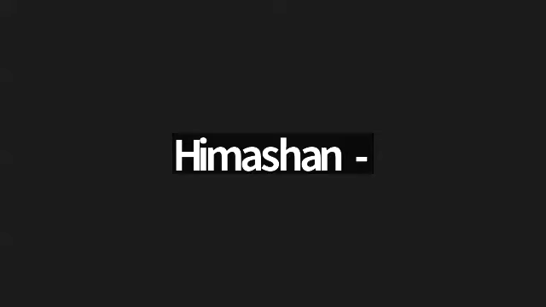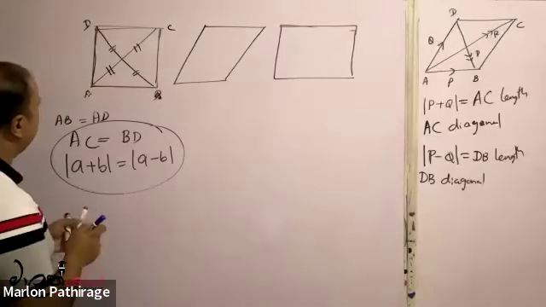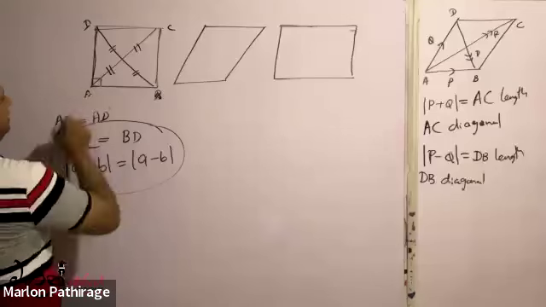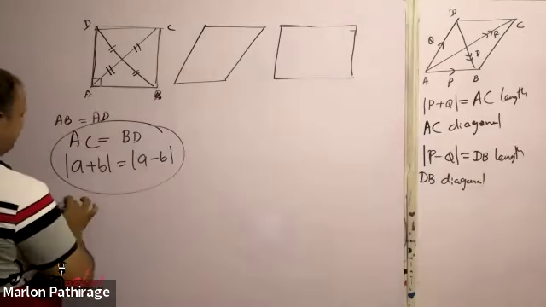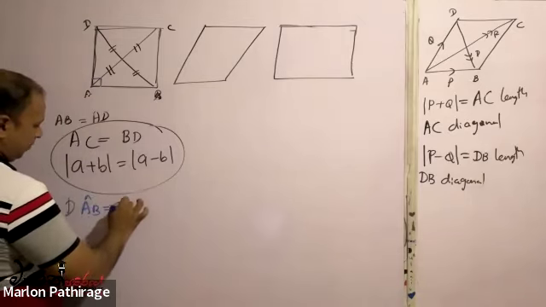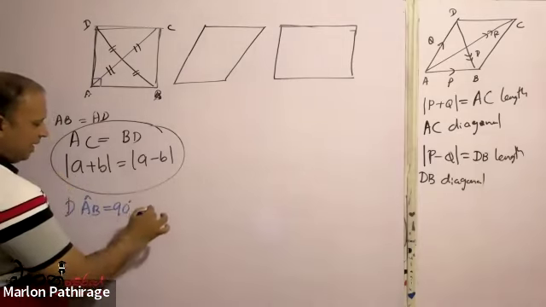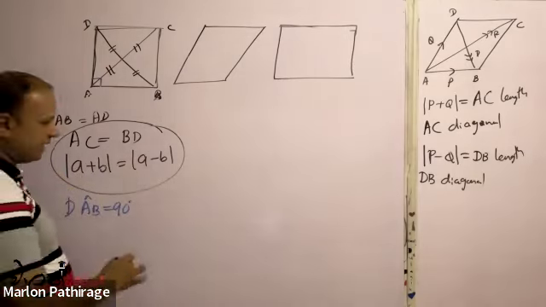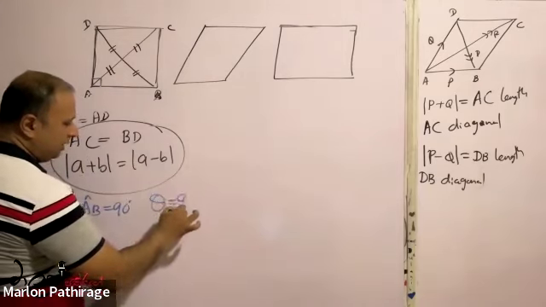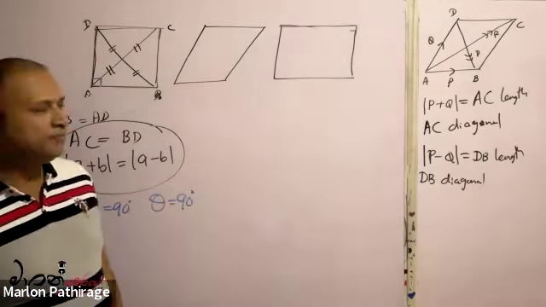Okay. Then you can understand this one. This angle is 90. This angle is 90. That means DAB angle is 90. So from that data you can say the angle between two vectors is equal to 90.